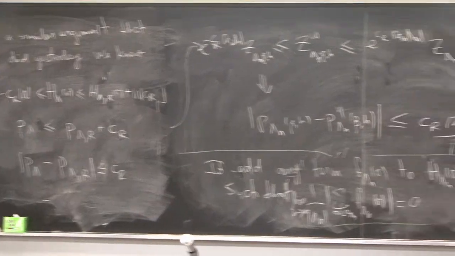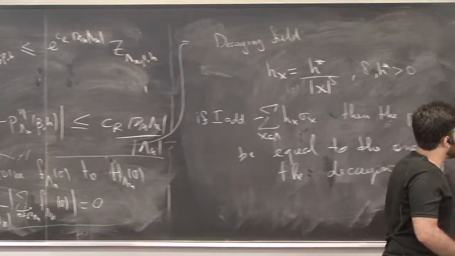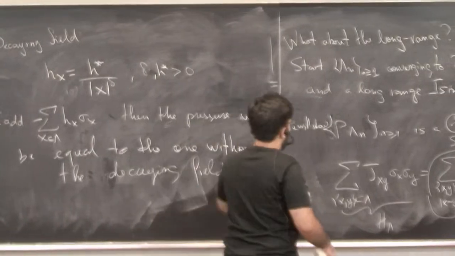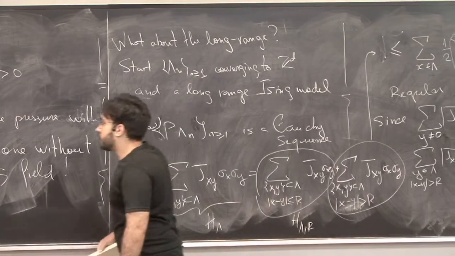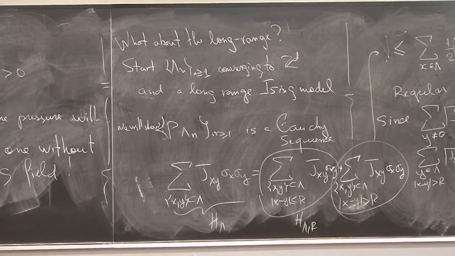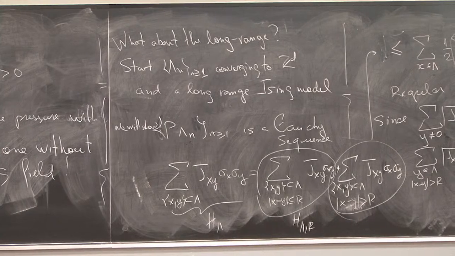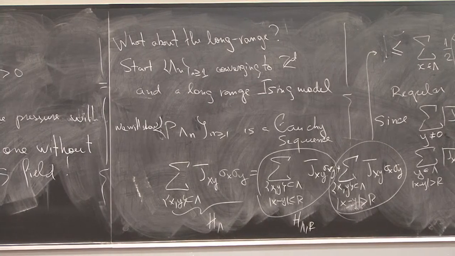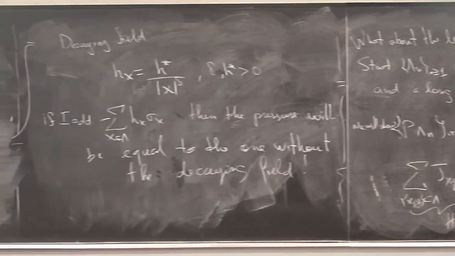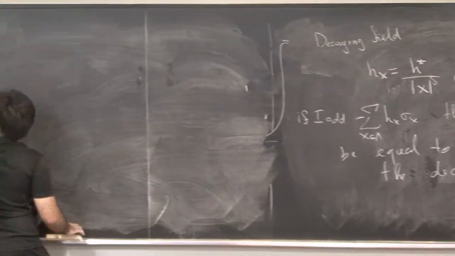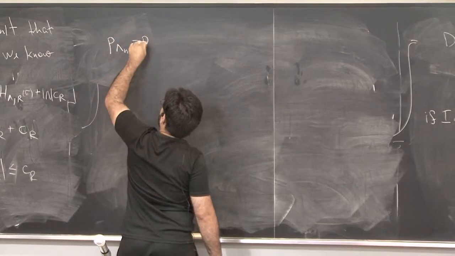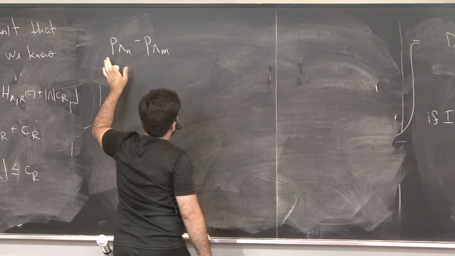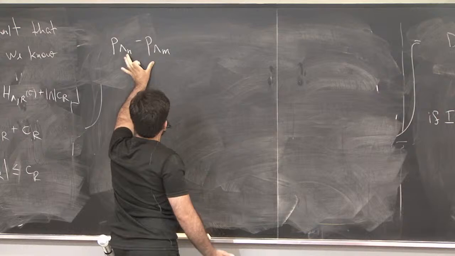So what this means, to show how we use that to show that this is a Cauchy sequence. We have that P lambda n minus P lambda m. This is the local pressure for the long range model now.